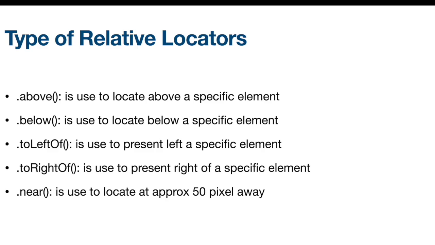Then toLeftOf is used to locate an element to the left of a specific element, and in the same way, toRightOf is used to identify the element to the right of the element we have mentioned. Another one is near, which is used to locate an element approximately 50 pixels away. This is the new thing, which works pixel-wise to locate the element.